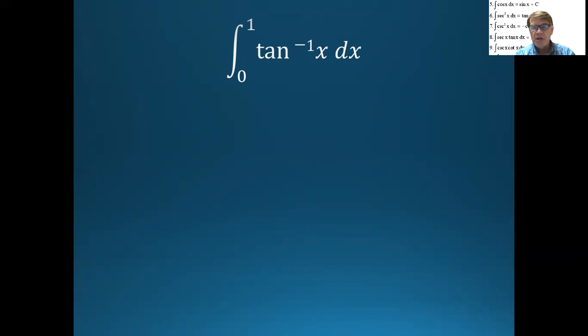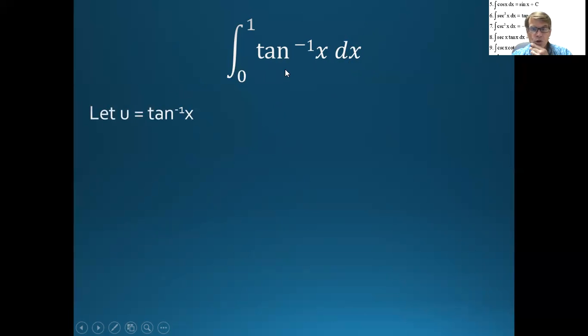So if we're going to use integration by parts, we need to pick, well, we really only have two things here, right? We've got the inverse tangent of x and we've got dx. So I'm going to pick, remember, the integral of u dv equals uv minus the integral of v du. So I'm going to pick a dv that I can integrate well, and dx is my best candidate, right?